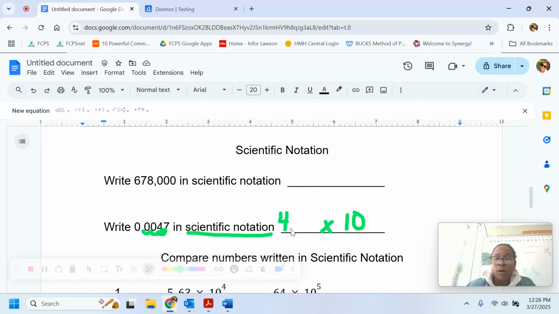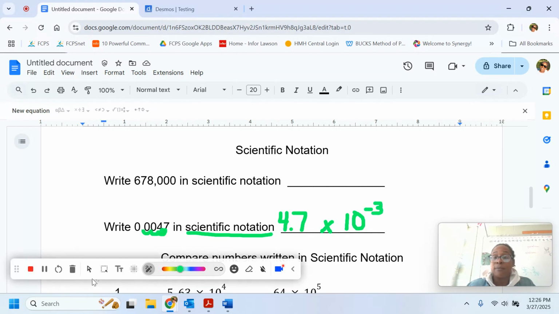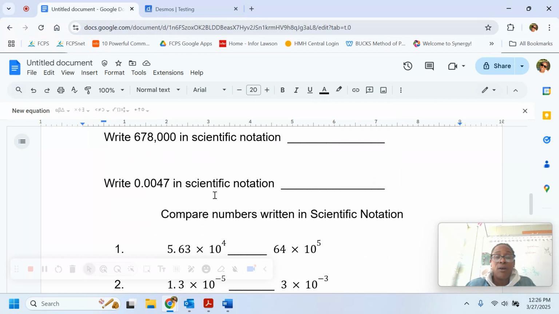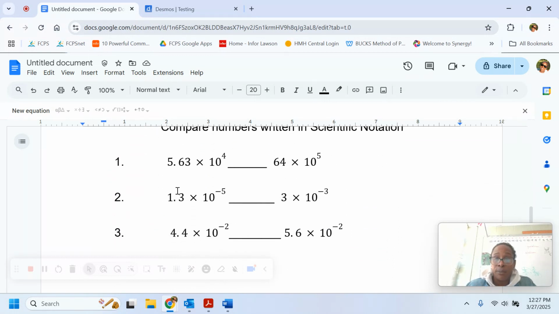So we write 4.7 times 10 to the negative 3. Okay, and we can go into Desmos and check our work. 4.7 times 10 to the negative 3. Okay, there's a match.